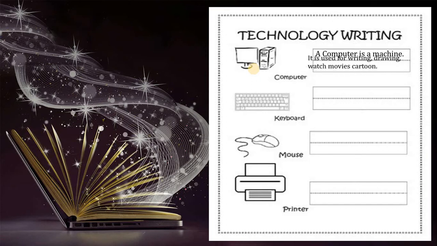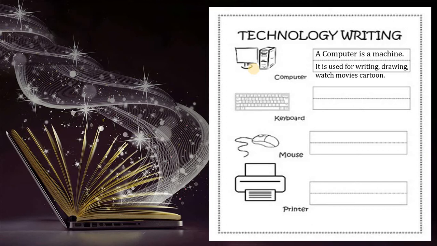I write here: it is used for writing, drawing, watching movies and cartoons, listening to music, and playing games, right? So it is the second sentence for me, because it is the use of the computer.